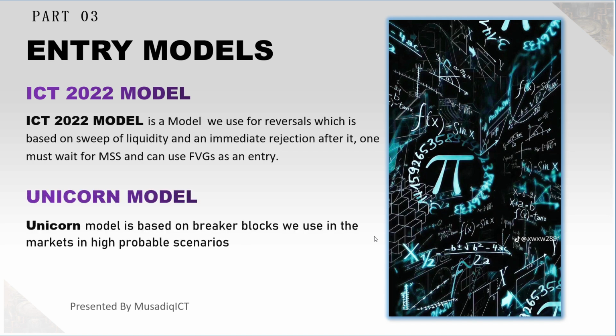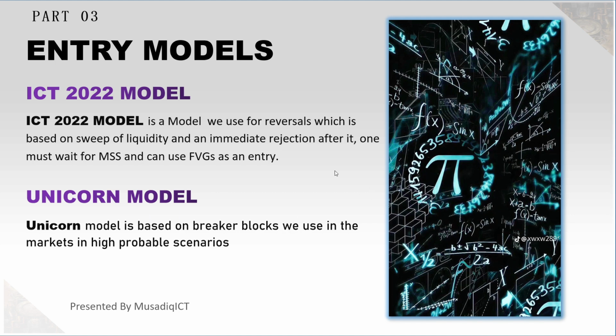The unicorn model, which is based on breaker blocks, we use in markets in high probability scenarios. If you're looking for breaker blocks, I already created a video on breaker blocks. You should be looking for a market structure shift and then breaker blocks to enter from, and you can put a stop loss at any swing low or high.